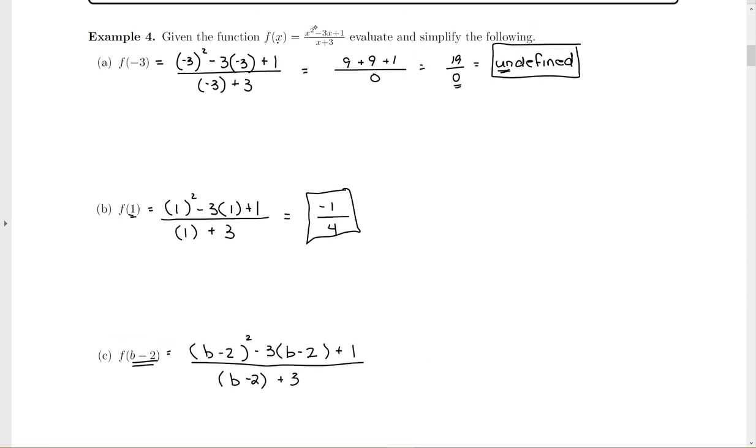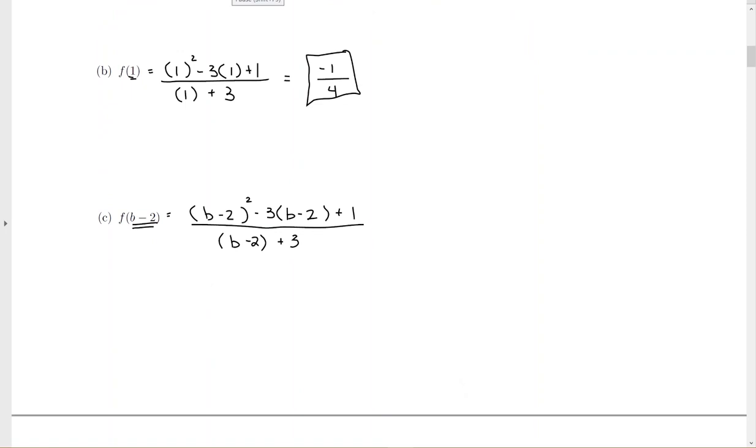I took out the x, left the square, minus 3, took out the x, put in my b minus 2 plus 1. Did the same for the bottom. So to simplify this, b minus 2 taken twice means write it down 2 times. Minus 3. And there's just one b minus 2 here. Plus 1.